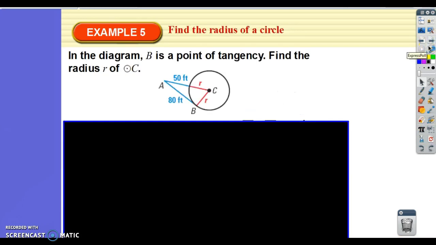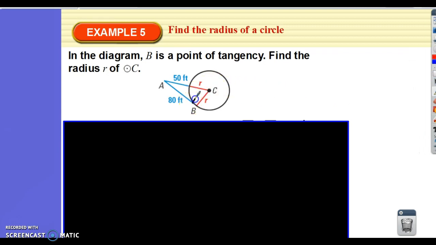In the diagram, B is a point of tangency. Find the radius r of circle C. Okay, so it says that this is 90 degrees.